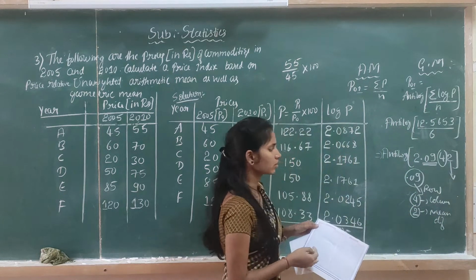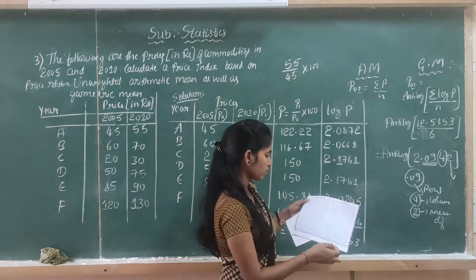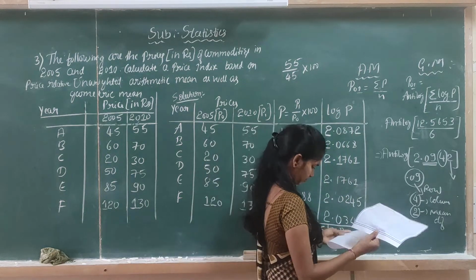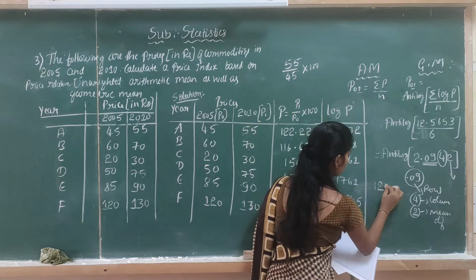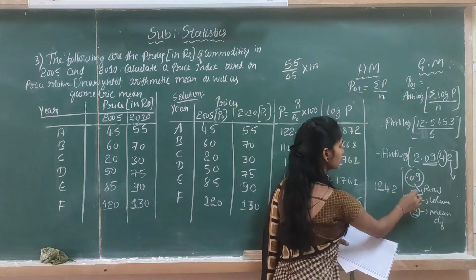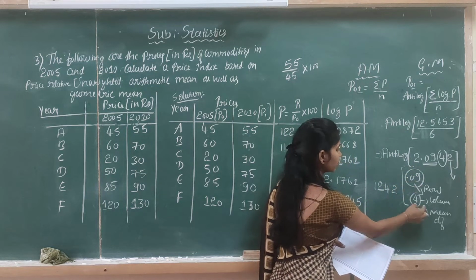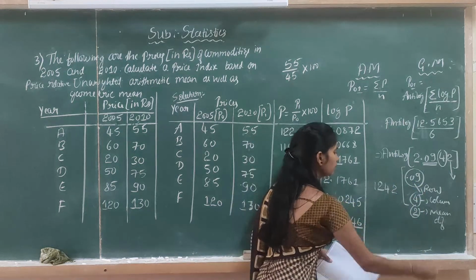Observe that for the 0.09 row, fourth column, the value is 1242, and then the second mean difference.